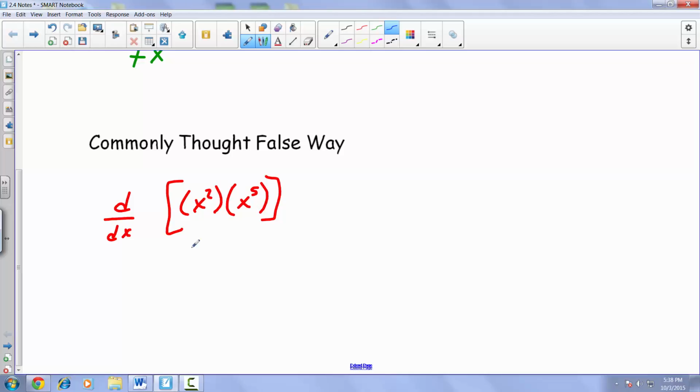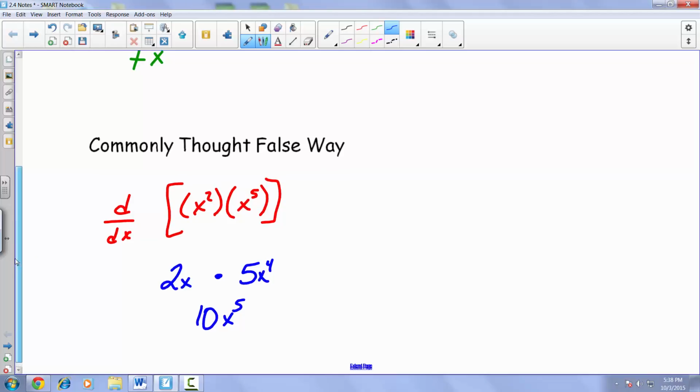In this case, it'd become 2x. And then the derivative of the second piece, which is 5x to the 4th. And then just multiply these two together, giving you 10x to the 5th. It is super common for people to want to take the derivative individually.